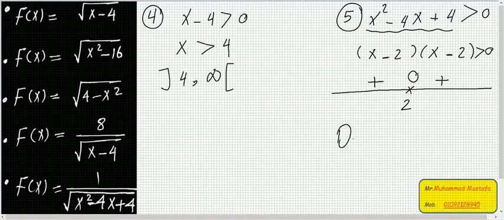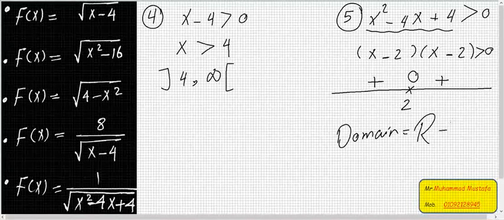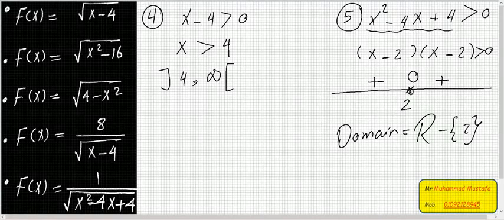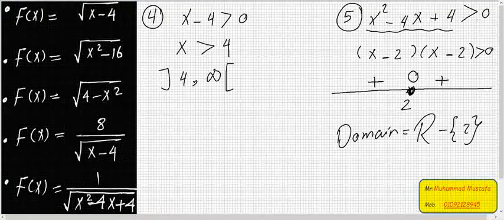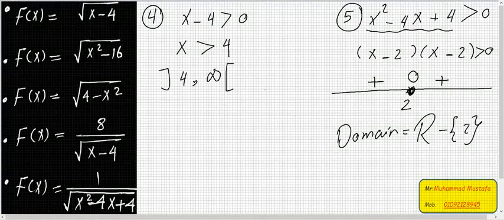Then the domain of the function is all real numbers except 2, because at x equal to 2 this expression equals 0 and we don't need 0.